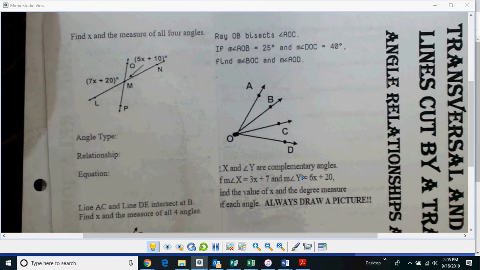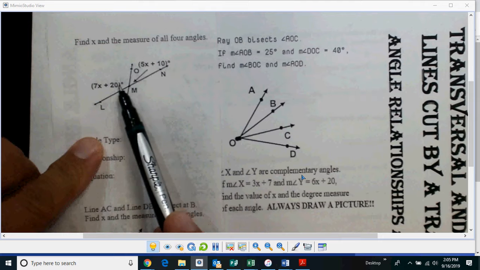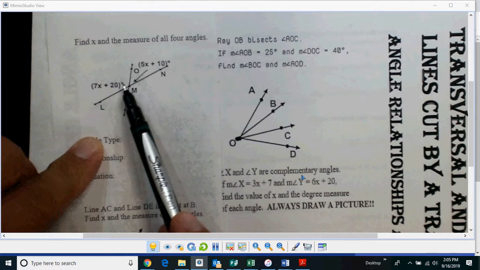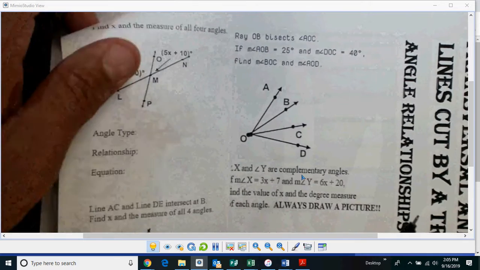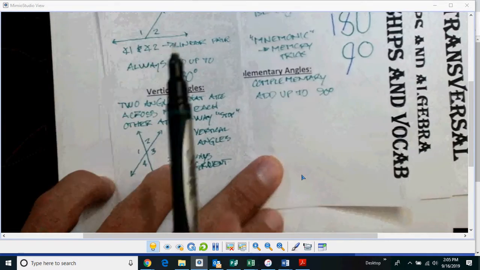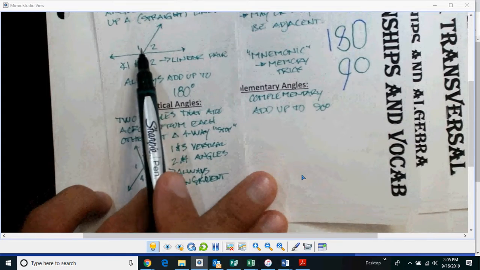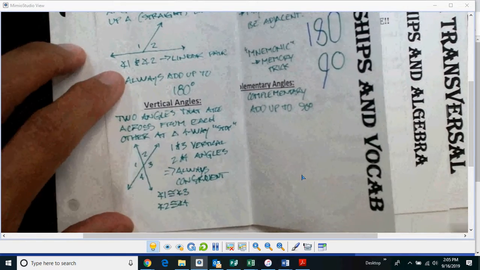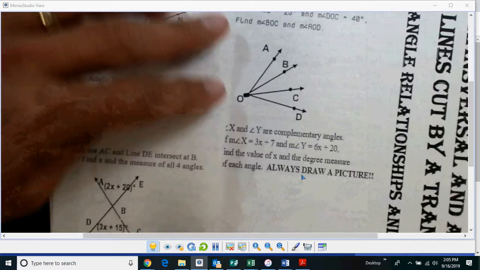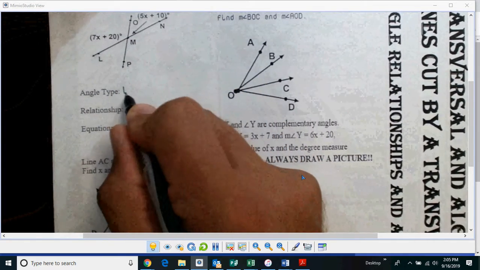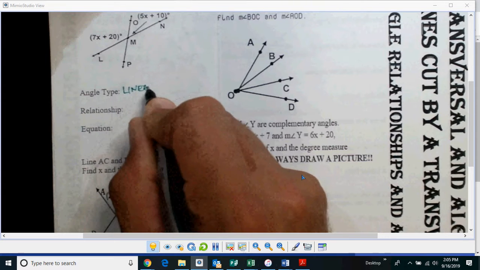Kinda. No, we're talking about this angle and this angle. Which drawing does that look like? It looks like an X, like vertical. But they're not vertical. Vertical angles have to be across from each other. These two are a linear pair.